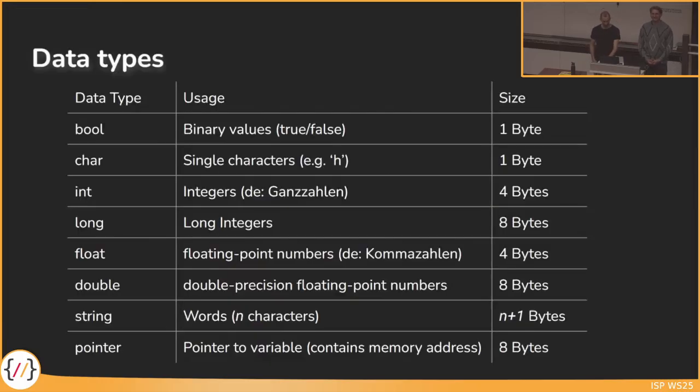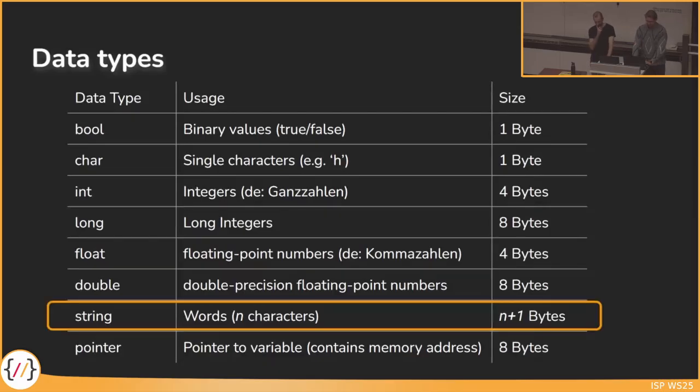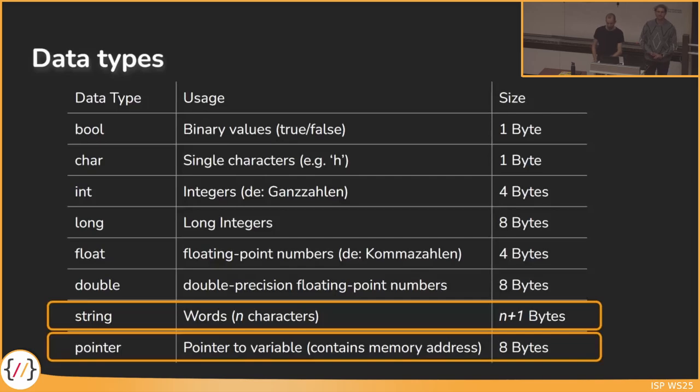When we look at the data type and the sizes, we already found out that the size of a string is always n plus 1 bytes, where n means the number of characters inside, plus 1 for the null byte. A pointer is always 8 bytes long, no matter what it is pointing to, if it's an integer, a string, or whatever. So that's one difference.